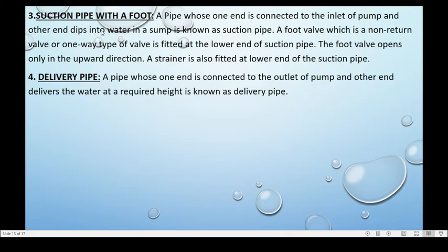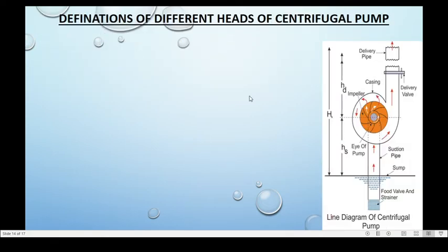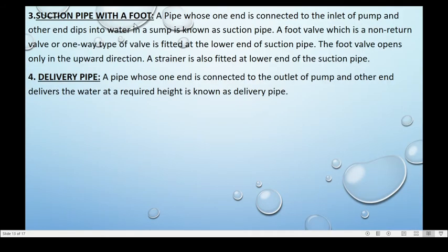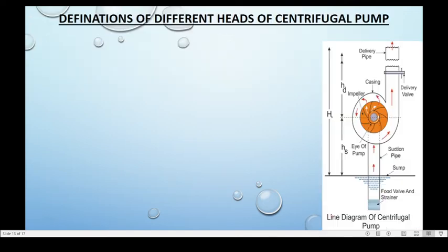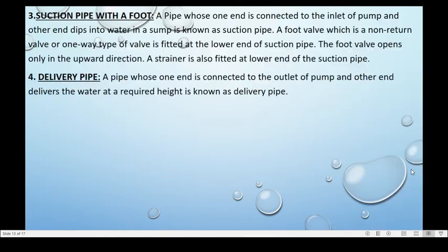Next is the suction pipe. You have seen what a suction pipe is: a pipe whose one end is connected to the pump and the other end dips into the suction sump. You can see here, one end is connected to the pump and the other end is connected to the sump.